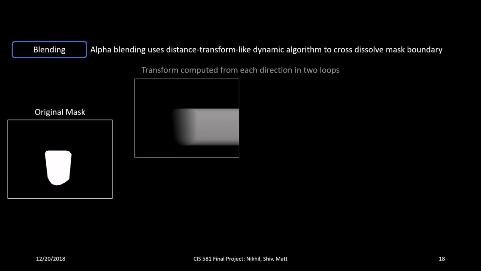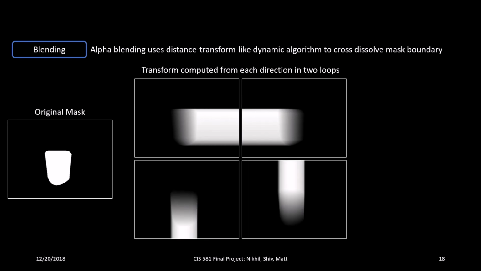So let me explain a little bit further how we generated that alpha mask. So we start with the original mask, and then we basically want to use a distance transform like algorithm to generate 4 images. So this is done in 2 loops, moving from left to right, and then from top to bottom.